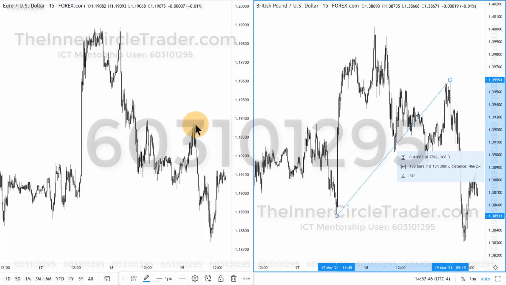Is it selling short from here to there, or is it selling short here to there? Which one has the better setup? Clearly, cable. Now, with that in mind, this is supercharged when you bring in the following.